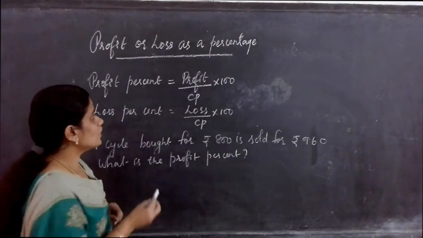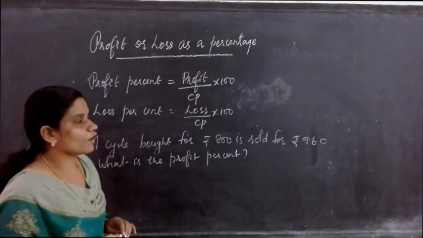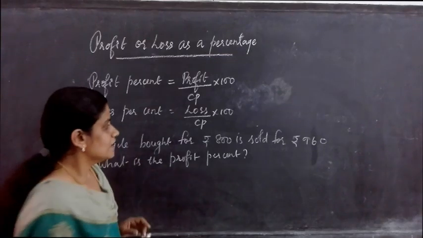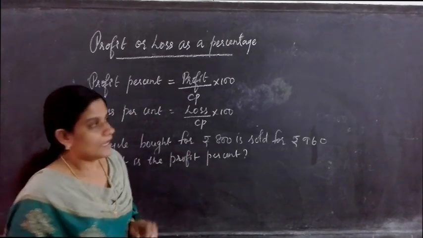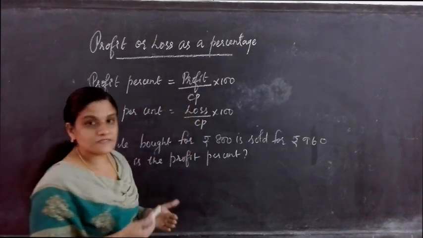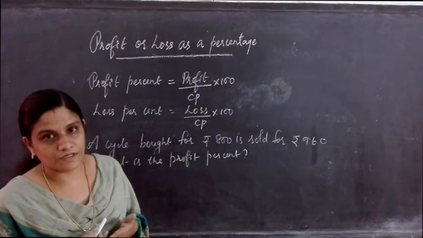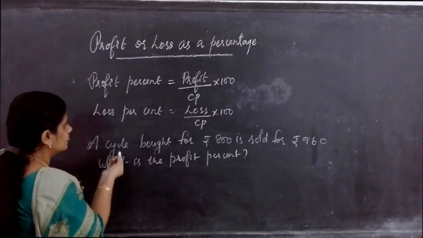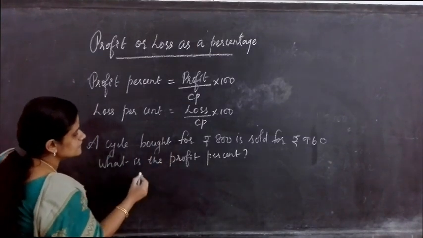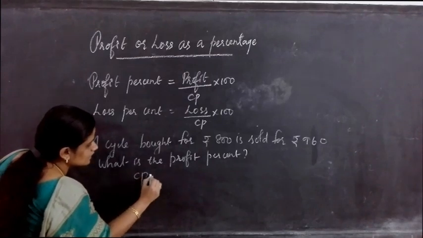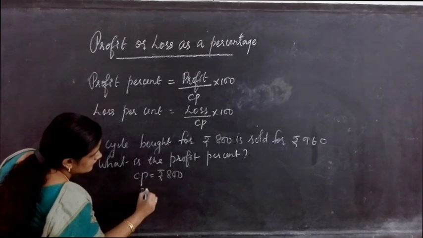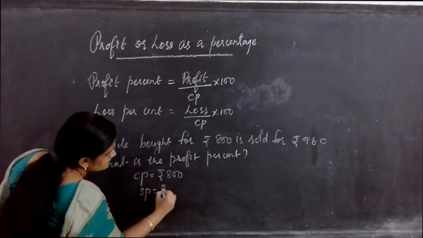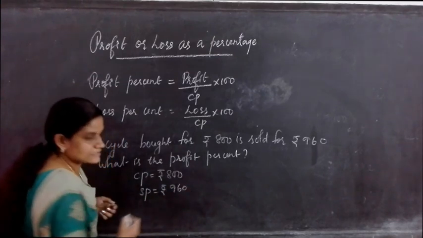We all know profit percent is equal to profit by CP into 100. Here the cost price is rupees 800 and first of all you have to find the profit. A cycle bought for rupees 800, so CP is equal to rupees 800 and SP is equal to rupees 960.